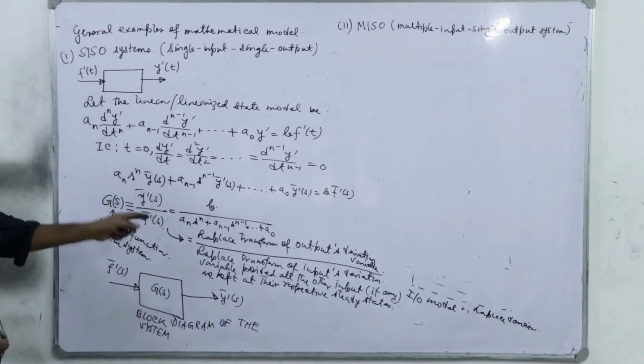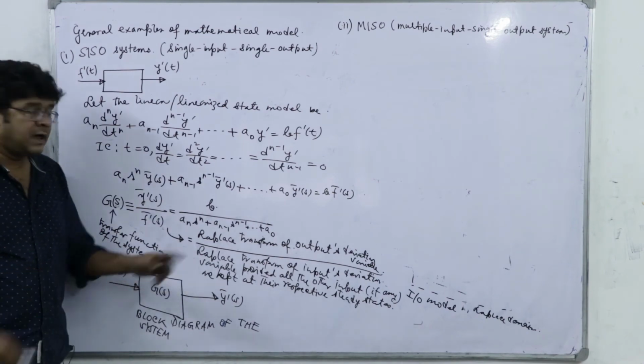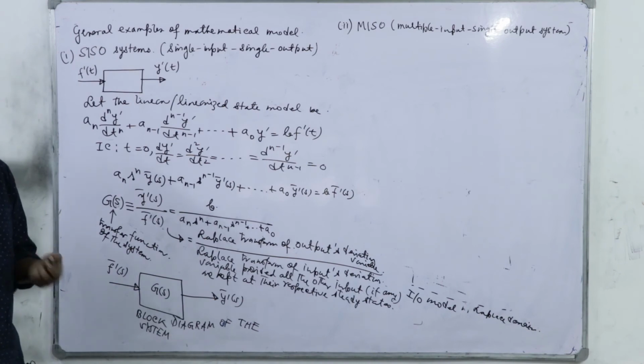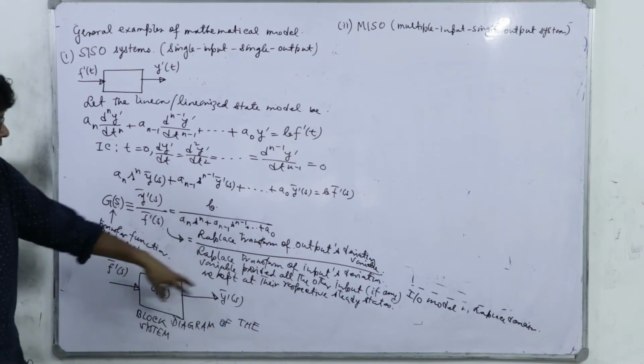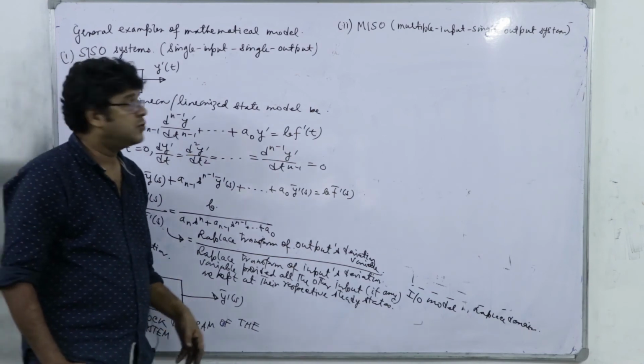This is a typical block diagram. You just construct a block, inscribe the respective transfer function, and the input and output are Laplace transformed in terms of the deviation variable. You simply represent it, and that becomes the block diagram of the system.